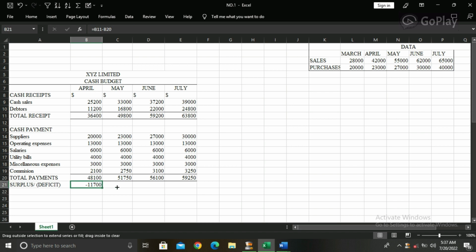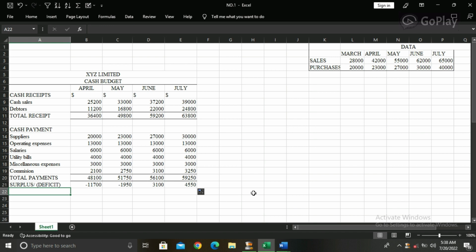Then I'll just drag it for all the months. If you are using calculator, you have to manually subtract it for each of the months. Yes, so we can see that April is having deficit, May is also having deficit, whereas June and July are having surplus.